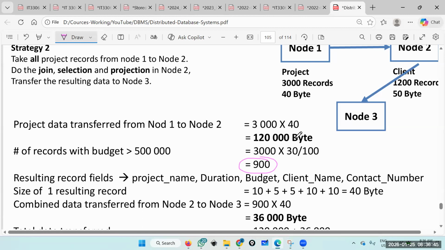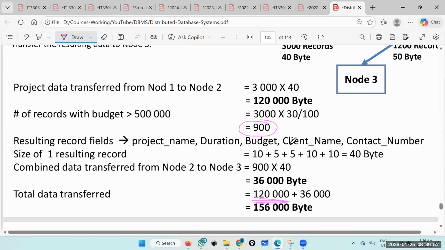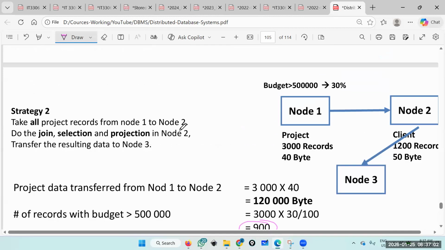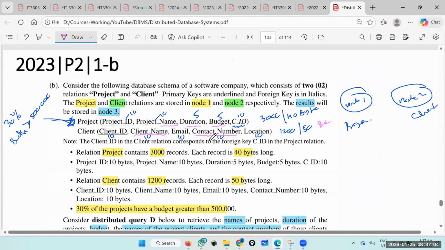Because ultimately you are going to get 900 records. But for those 900 records, now you are doing projection, because now you can take only the relevant fields, because all the processing is here. So for our relevant fields, what do we need?